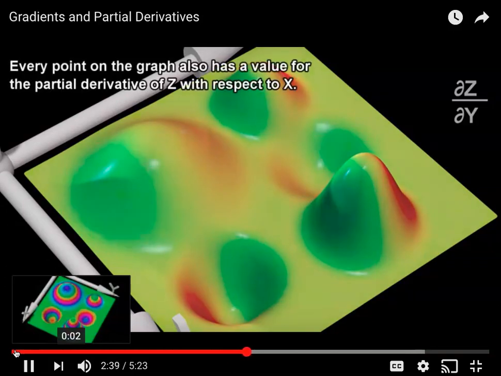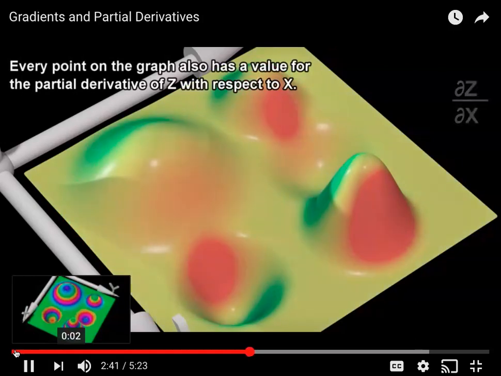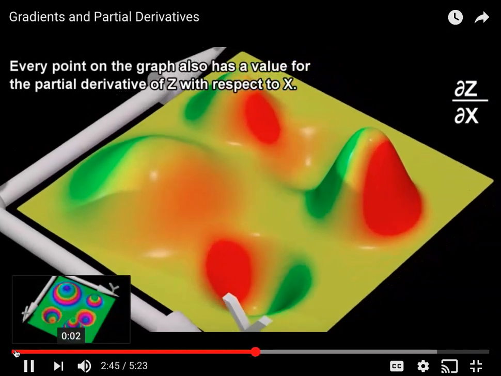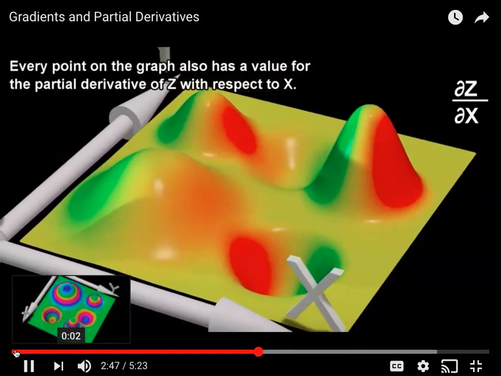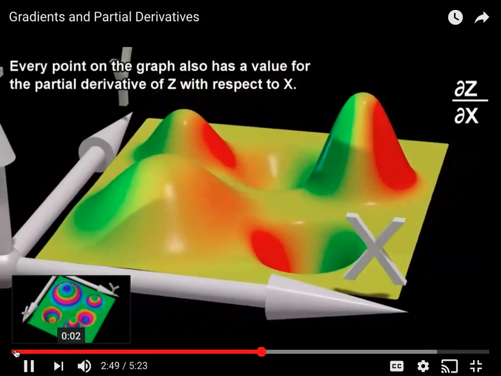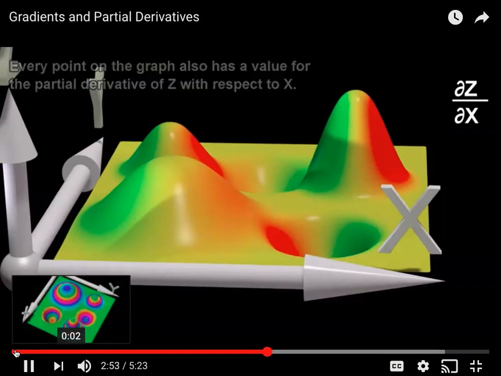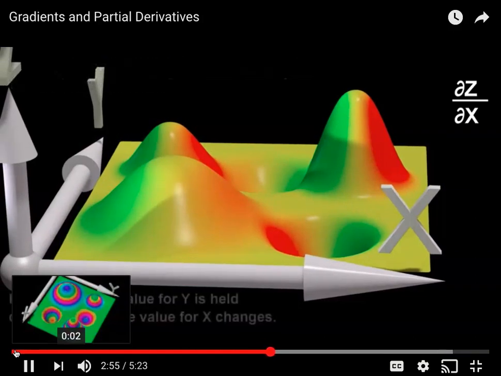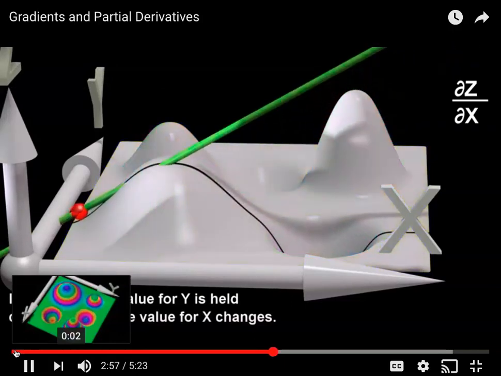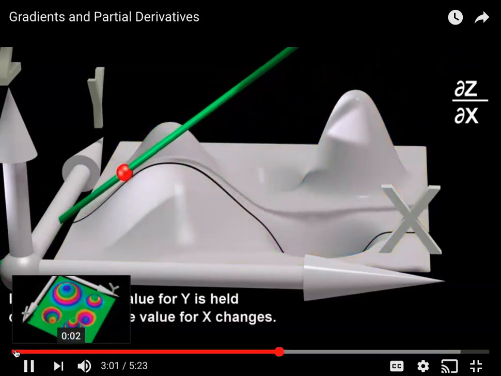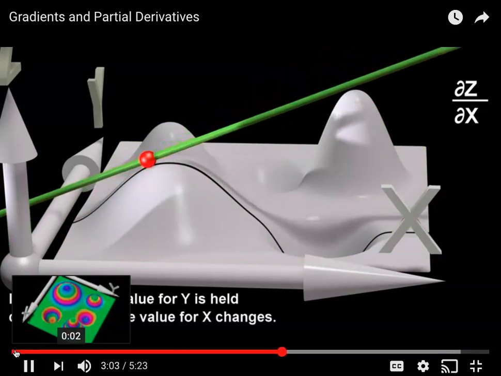Every point on the graph also has a value for the partial derivative of z with respect to x. In this case, the value for y is held constant, while the value for x changes.